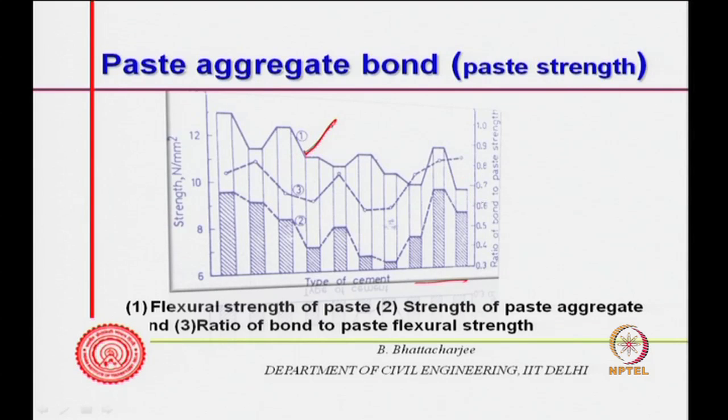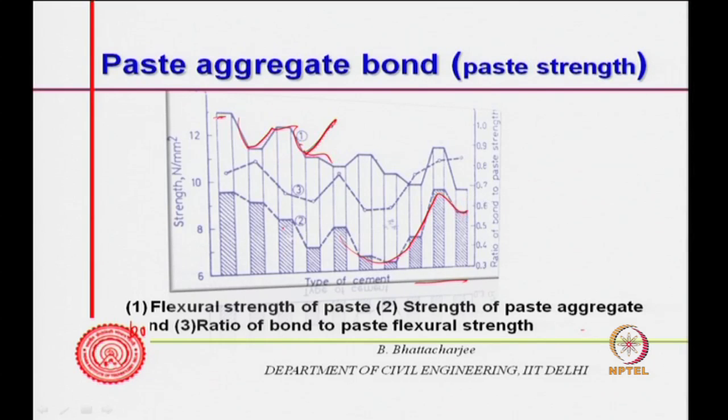Diagram 2 shows the strength of paste aggregate bond. So, this is the paste aggregate bond. Then 3 is the ratio of bond to paste strength. This right hand side is the ratio. These are the strengths in MPa, and this is the curve for the ratio.